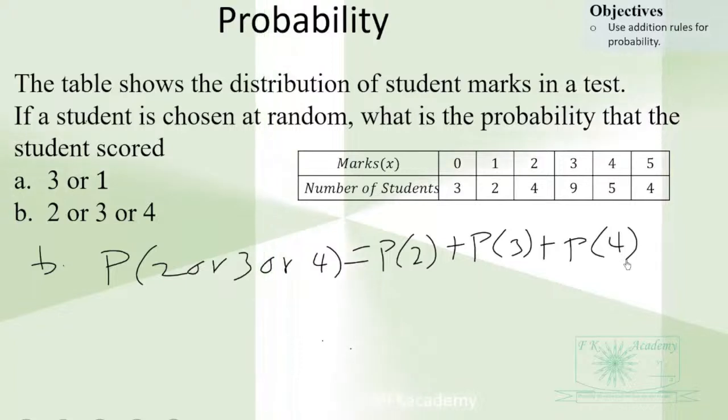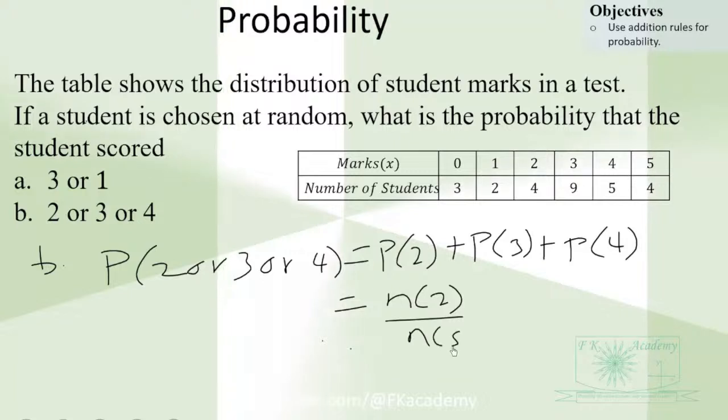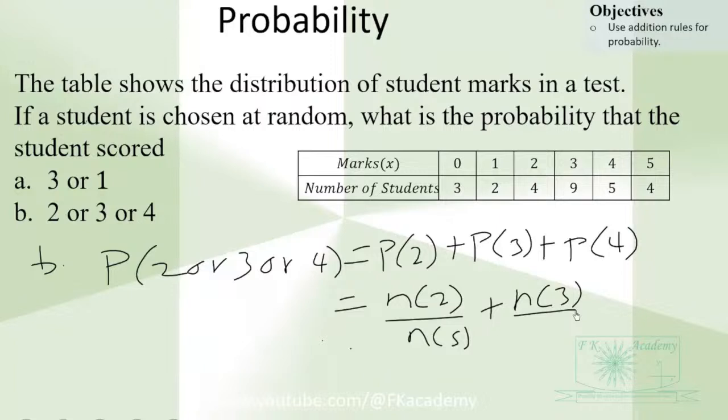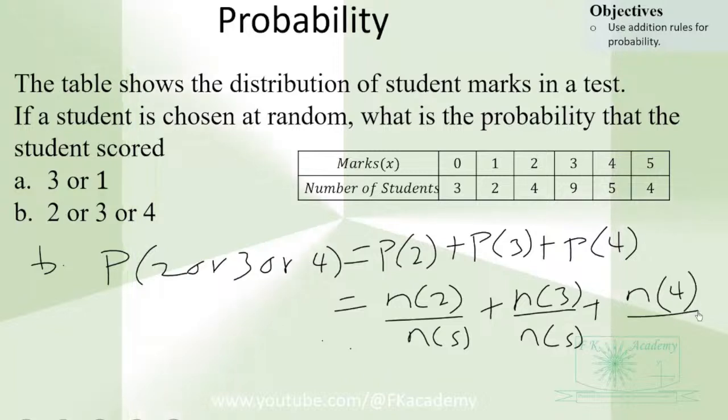So that will be equal to number of elements scoring 2 over the number of elements in the sample space, plus number of elements scoring 3 over number of elements in the sample space, plus number of people scoring 4 over number of elements in the sample space.